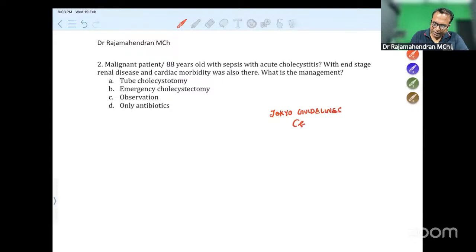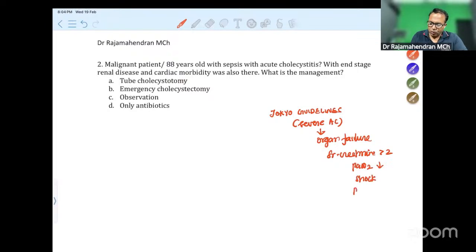Severe acute cholecystitis is where there is classically organ failure, measured by serum creatinine more than 2, fall in PaO2 and oxygen saturation, patient in shock, patient with low platelet count. All this will be considered under severe acute cholecystitis.